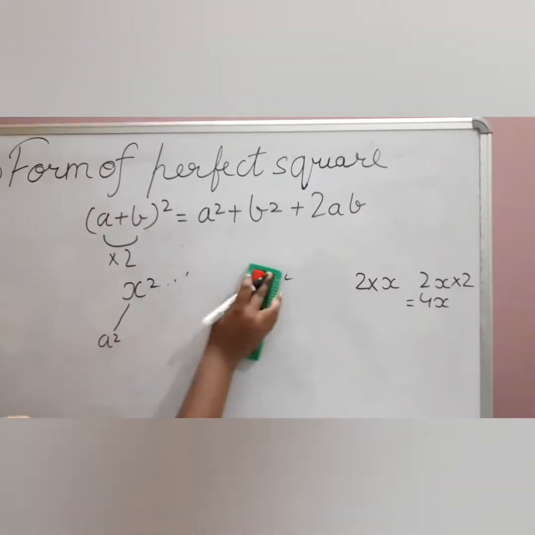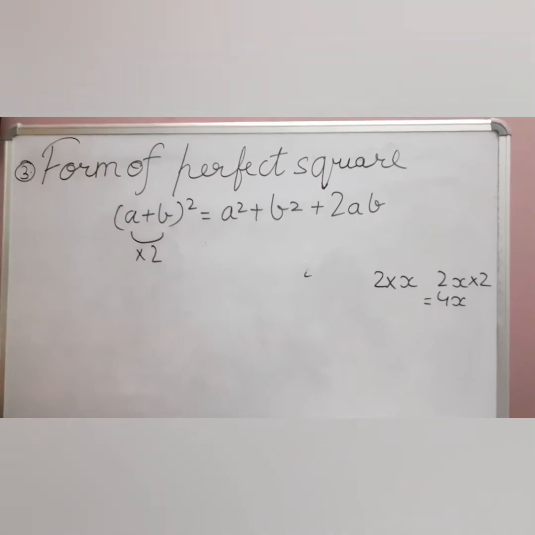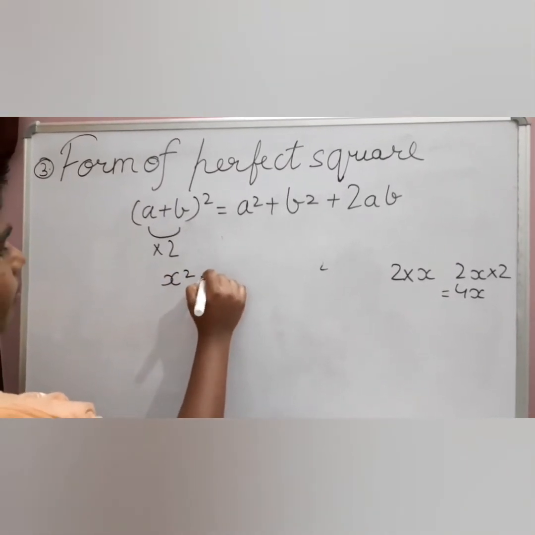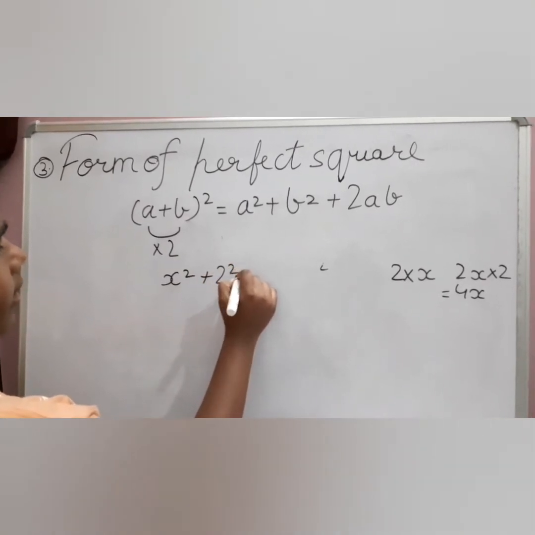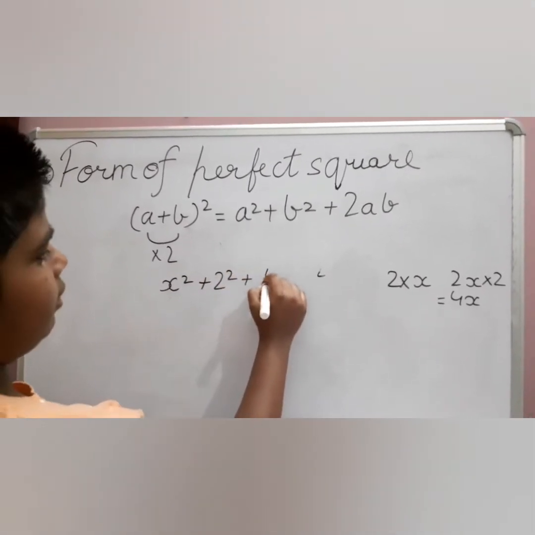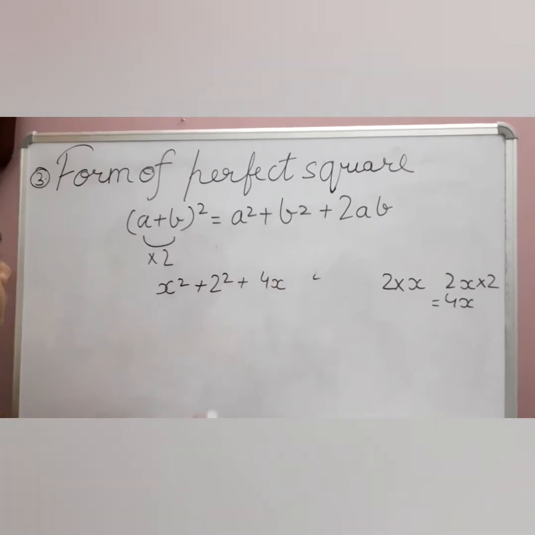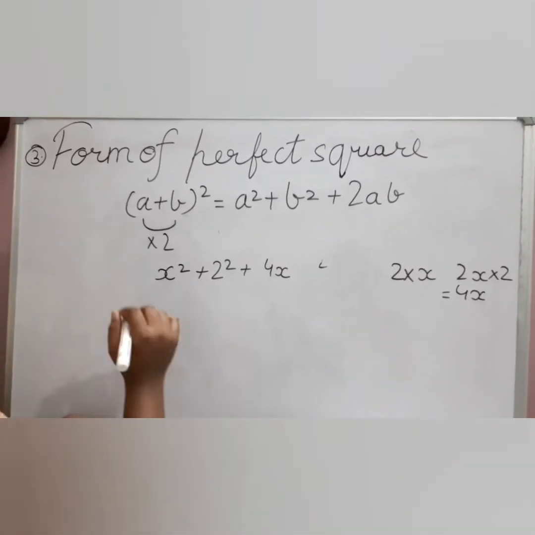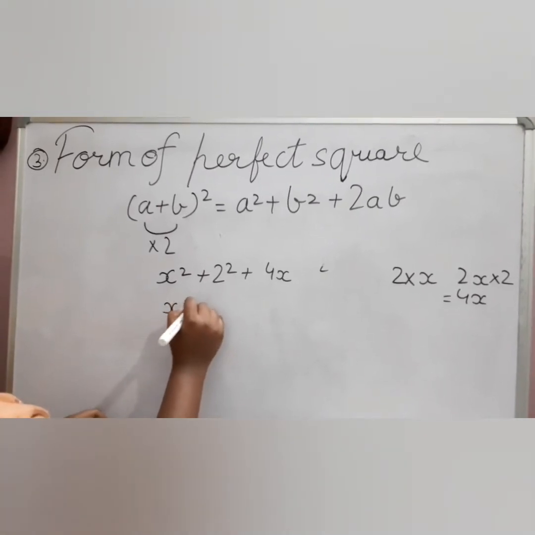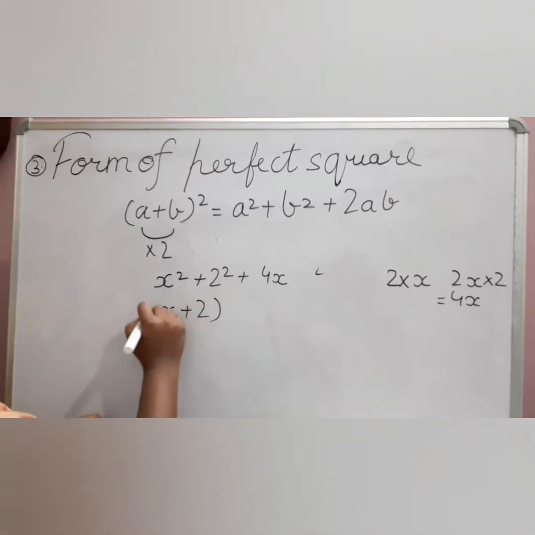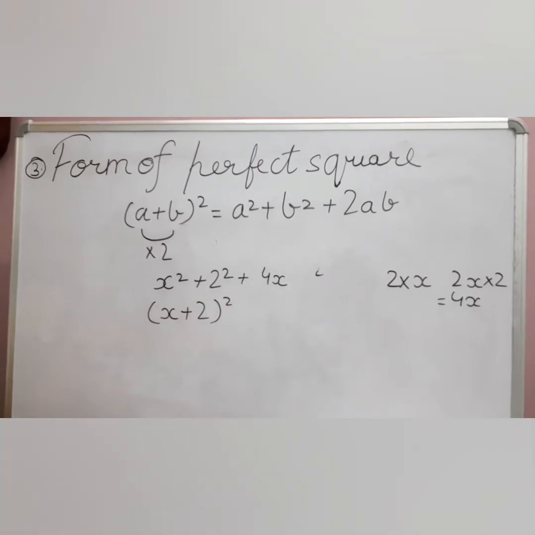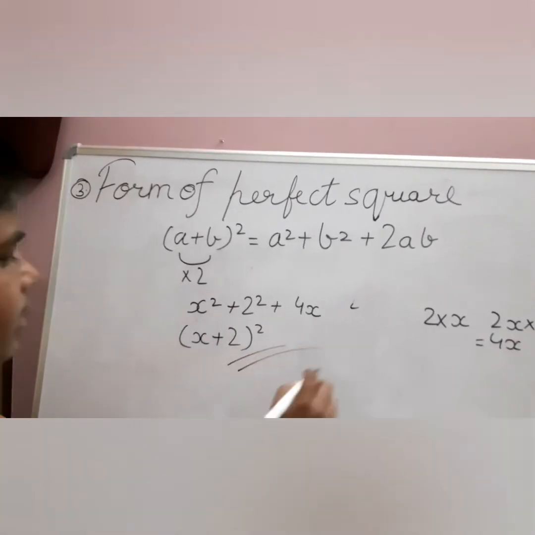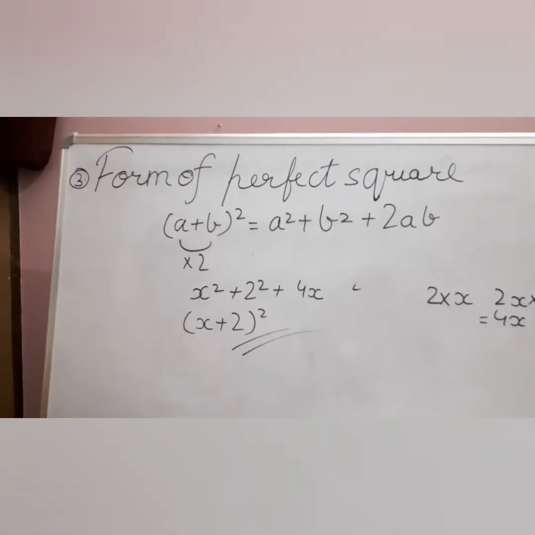Now to make it simpler, we can write it like this: x square plus 2 square plus 4x. Now this is a square, b square, 2ab. So we'll write it as x plus 2 whole square. So this is perfect square. This is our answer.